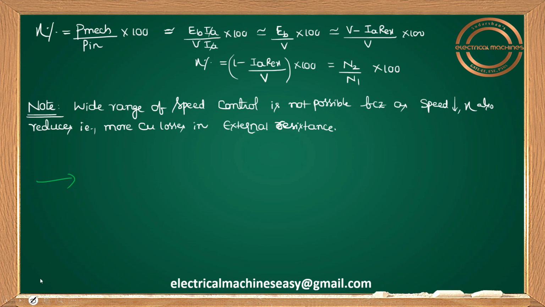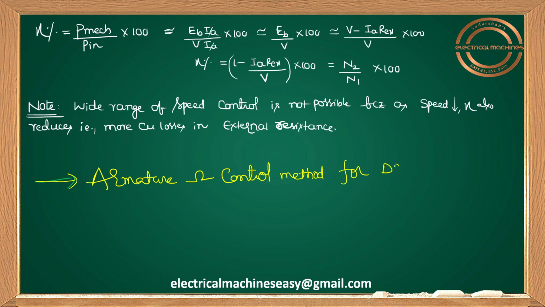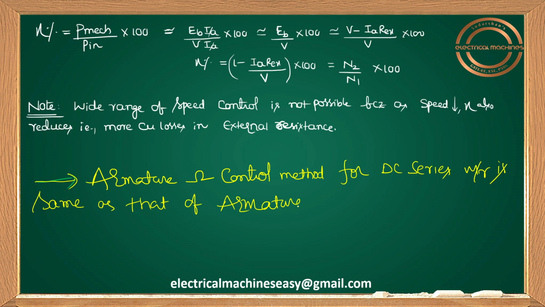Let me use yellow color so that it is clearly visible. Armature resistance control method for DC series motor is the same as that of armature resistance control method for DC shunt motor.